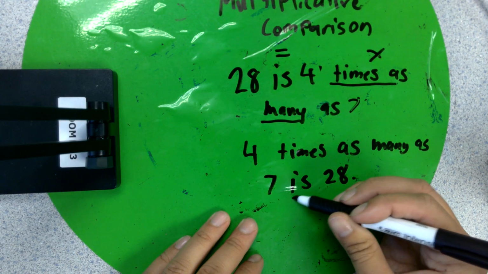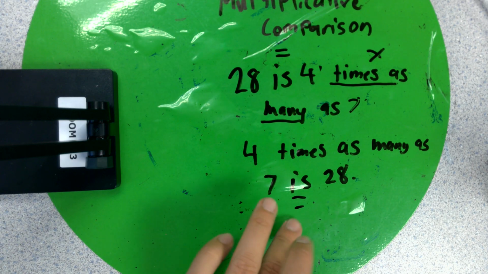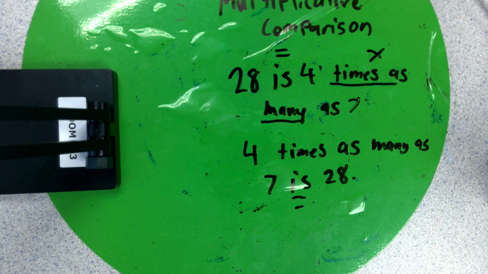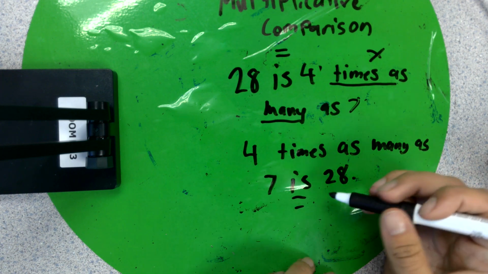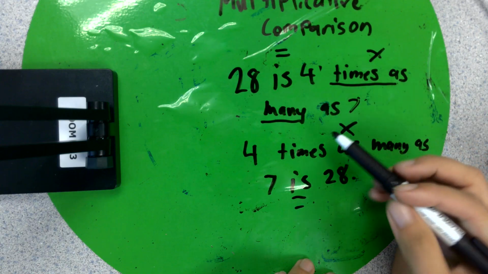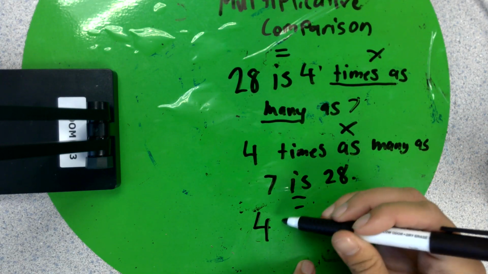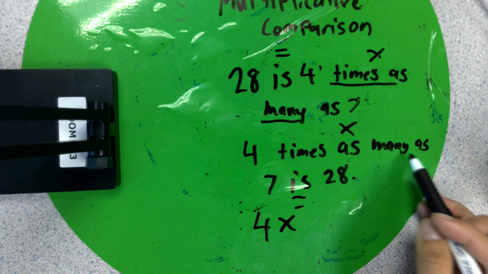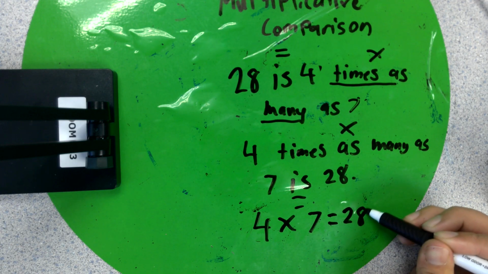Because once again, that word is means it's equal. That's going to be what our product is, because when we multiply two factors or two numbers, we're going to get an answer, also known as our product. So when you're writing it this way, it basically translates as an equation to 4 times, so you put your multiplication symbol, 7 is or equal to 28.